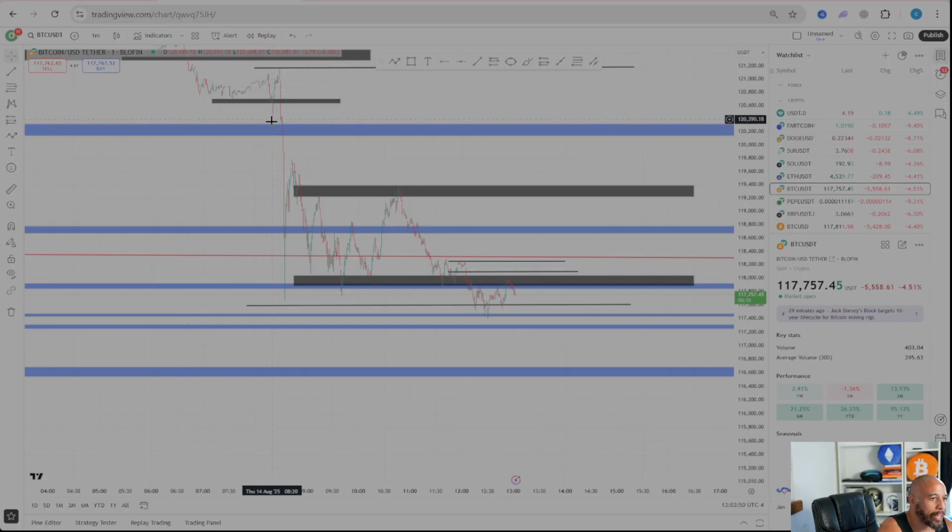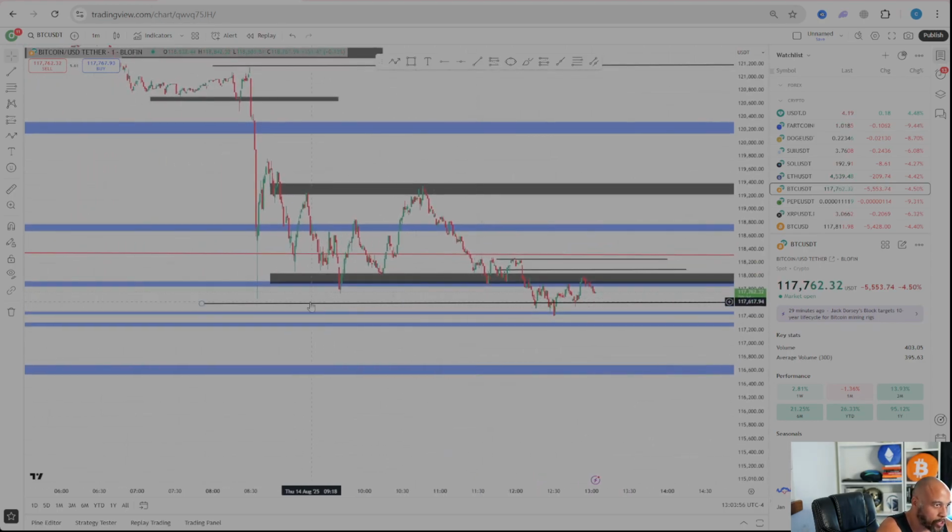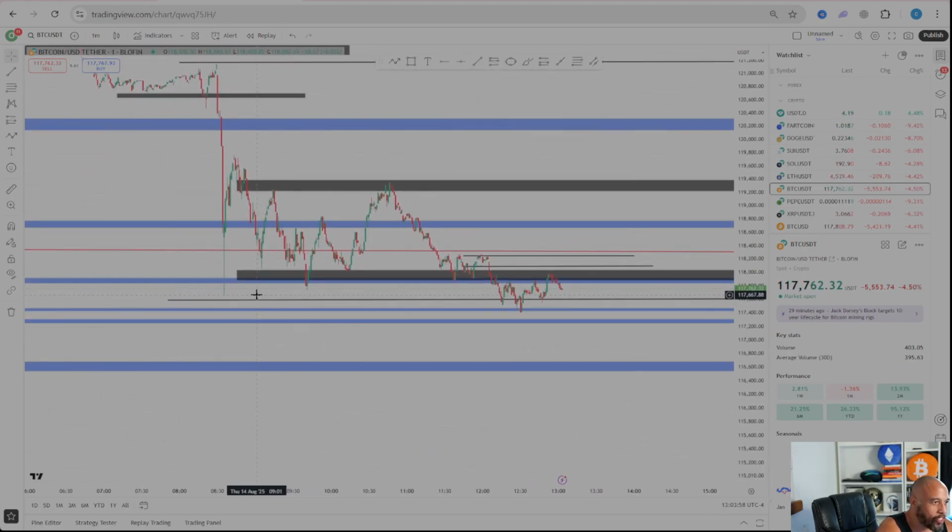So this was a big correction coming down here, and it started to come in here. So this line here, which I'll put up now, shows me there's a lot of buyers here, because this corrected, like this big sell-off.